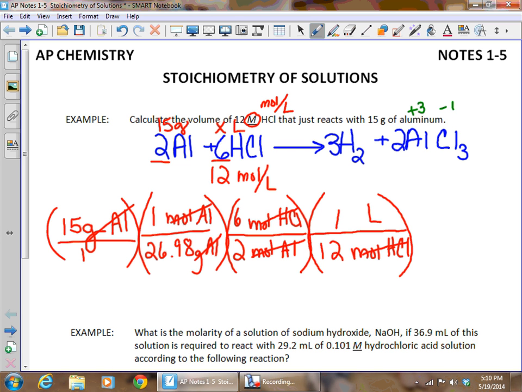Moles of HCl will cancel, we'll be left with liters. And when we multiply and divide this out and round it to 2 sig figs, because of the 15 and the 12, we're going to end up with 0.14 liters of HCl.